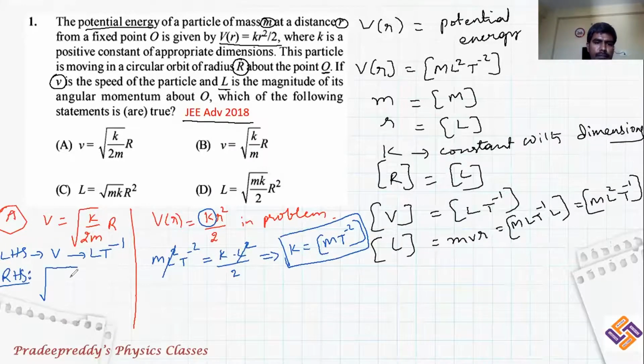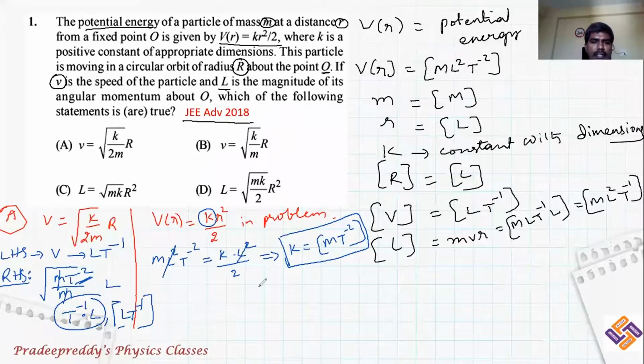M T power minus 2 divided by m, and R is outside the root. So it is L. M gets cancelled. What is left over here? T power minus 2 under root. That is T power minus 1 into L. So what is the final expression? It is L T power minus 1. Left hand side and right hand side both are equal.